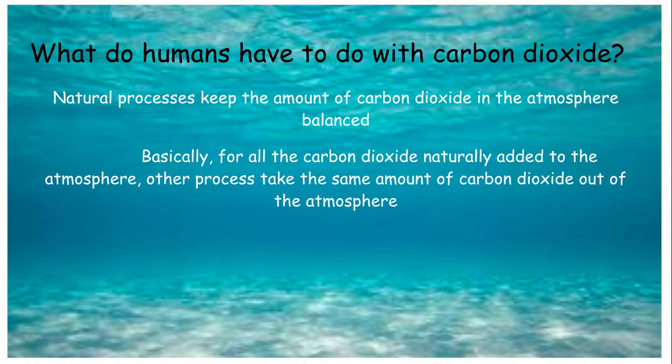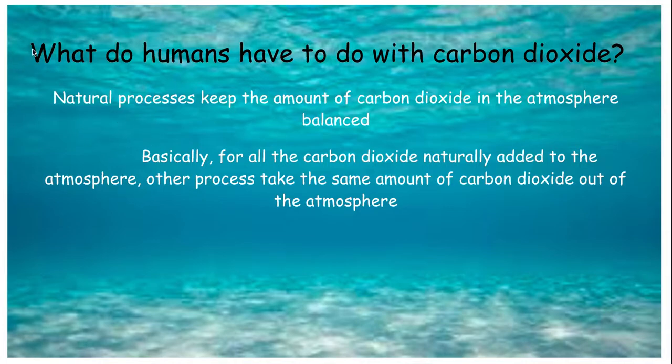Carbon dioxide has been around longer than we have been. And in that pre-human time, natural processes kept carbon dioxide balanced. Some of the carbon dioxide in the atmosphere will dissolve into the ocean, some will dissolve out, and some of that carbon becomes incorporated into living things.